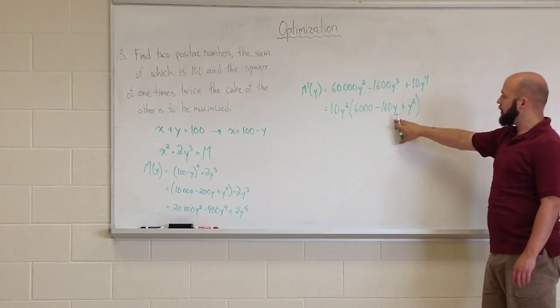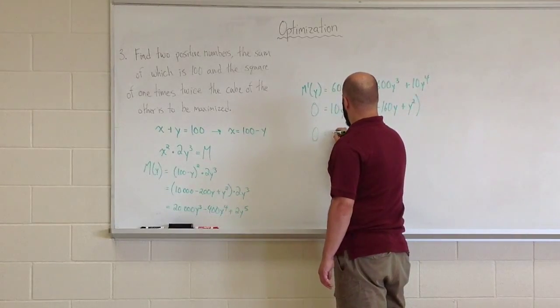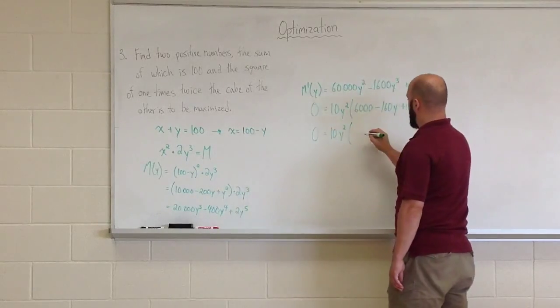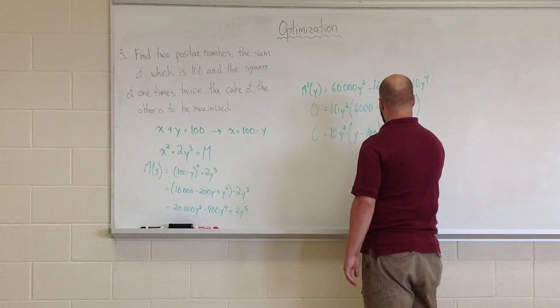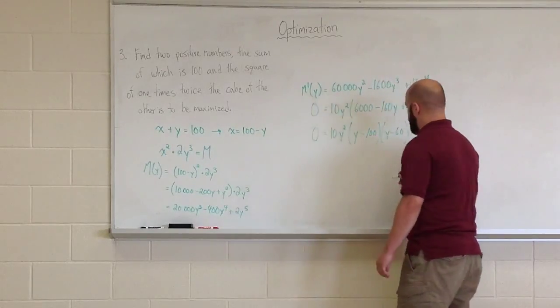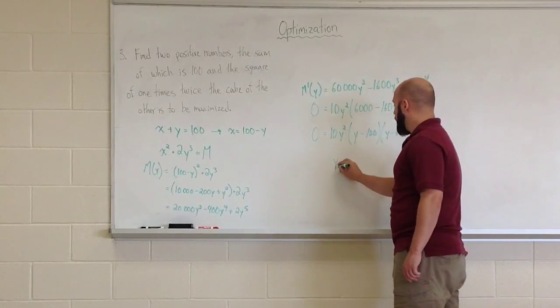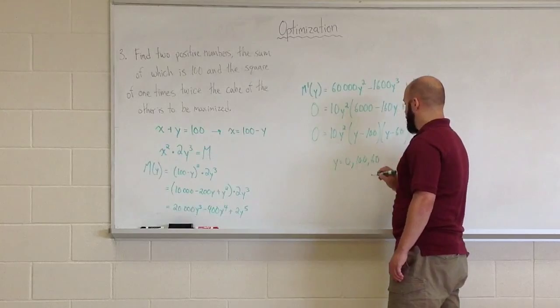Now we can just factor these terms to find when this value equals 0. Factored, you have 10y squared times (y minus 100) times (y minus 60). So our possible values of y here are y equals 0, or 100, or 60.